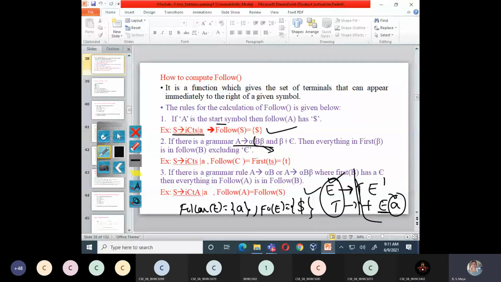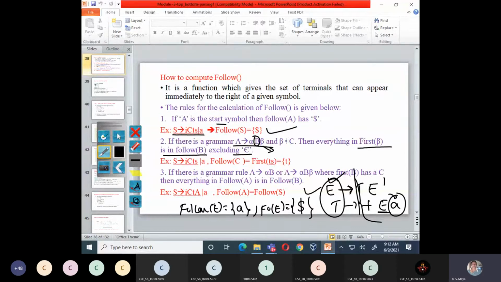I am computing follow of B, because B is a non-terminal, and for all non-terminals you have to compute follow. Then everything in first of beta is in follow of B, excluding epsilon.